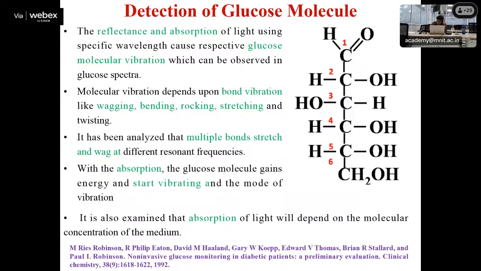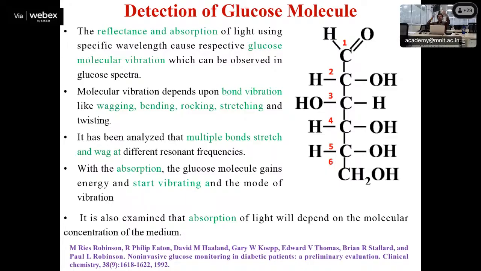Now for glucose measurement: glucose is nothing but a combination of carbon, hydrogen, and oxygen. That is, the CHO bond is usually observed inside the glucose molecule. When a particular light source emits light, that light could be absorbed by a particle, or reflected by it, or scattered by it.